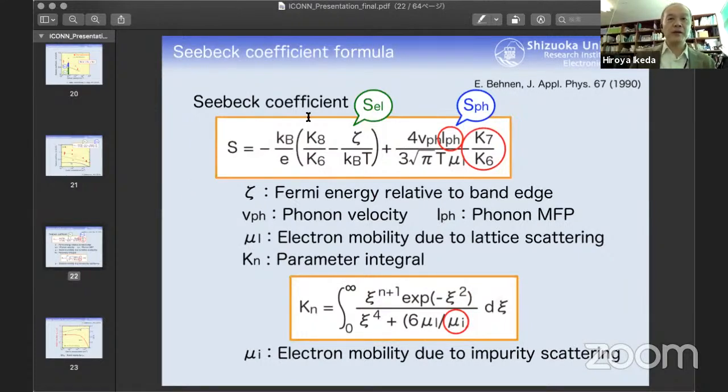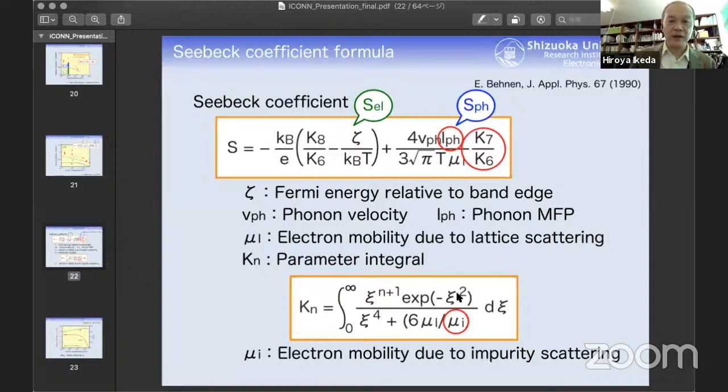The Seebeck coefficient is usually expressed by this formula. The first term corresponds to the electronic part, and the second term corresponds to the phonon drag part. In this part, L_PH means the mean free path of the phonon, and K7 and K6 are the parameter integrals.